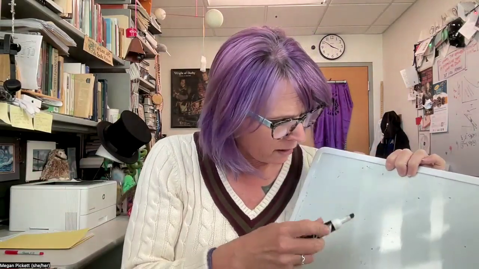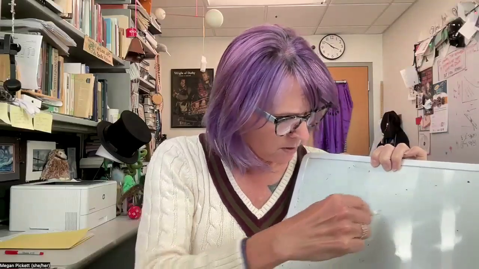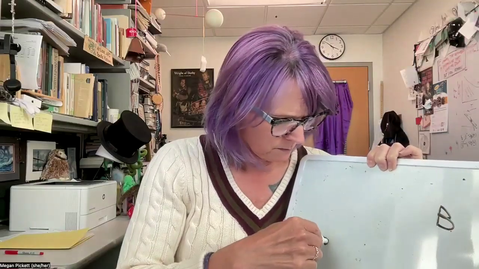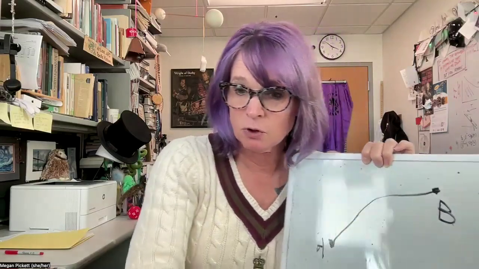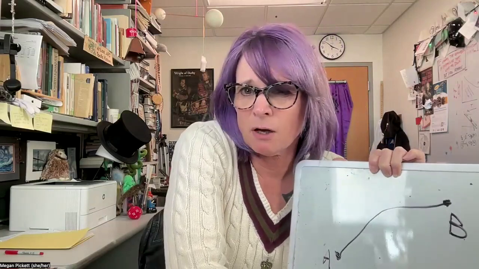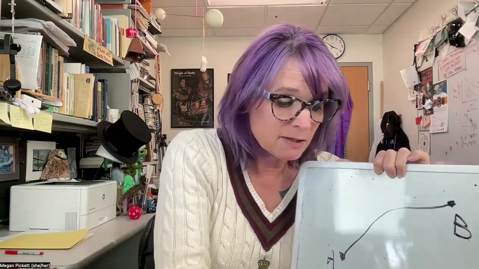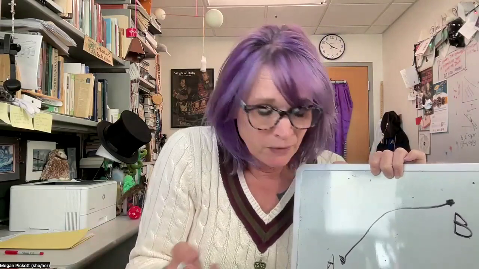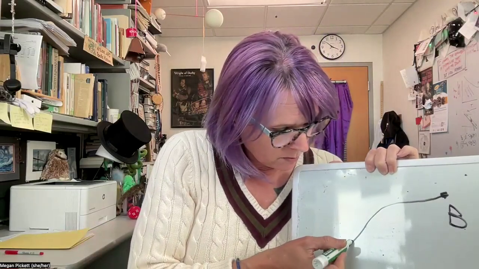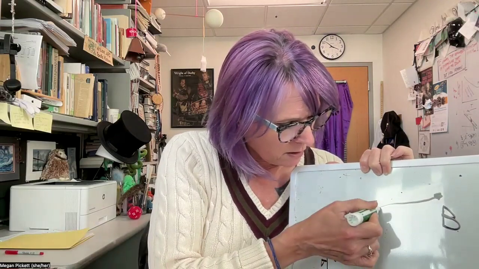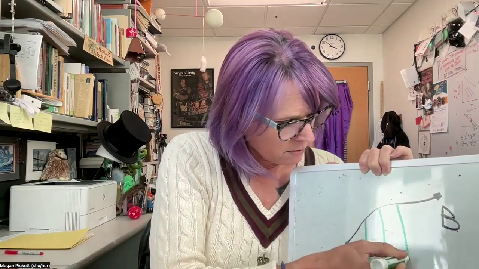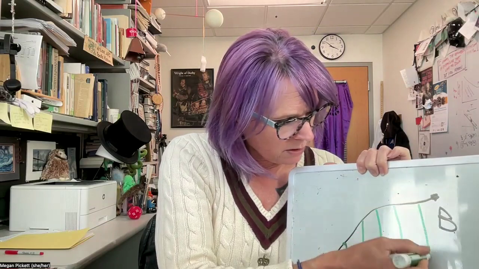So you might have a path, say you're going from A to B, and yet you're doing this in the presence of some force. Let's say that this is a hill and you're doing this in the presence of gravitational force, which would point, say, down like this everywhere, and it would be constant.